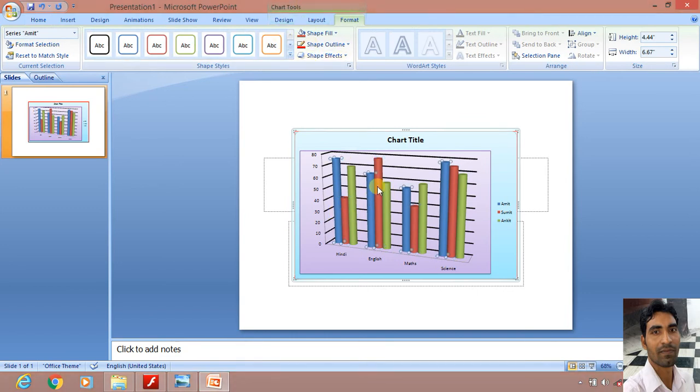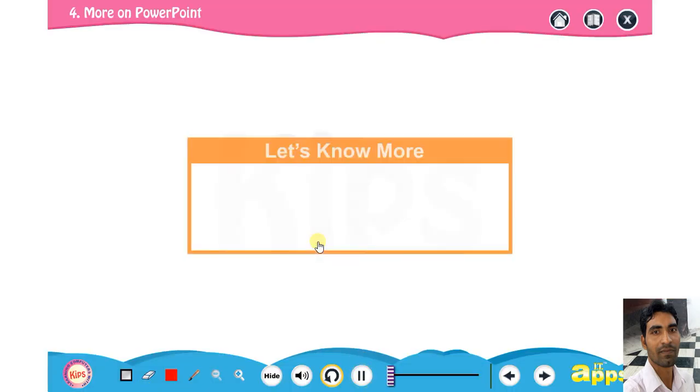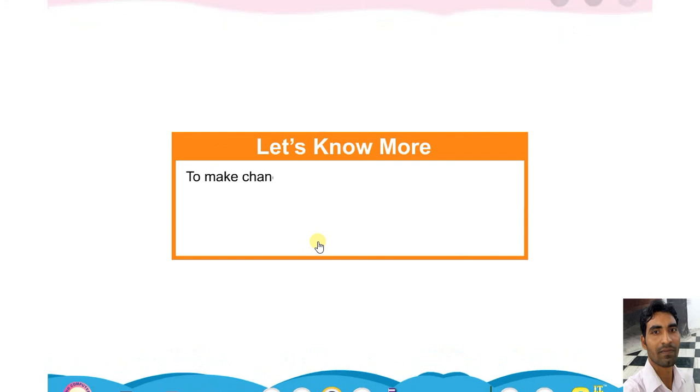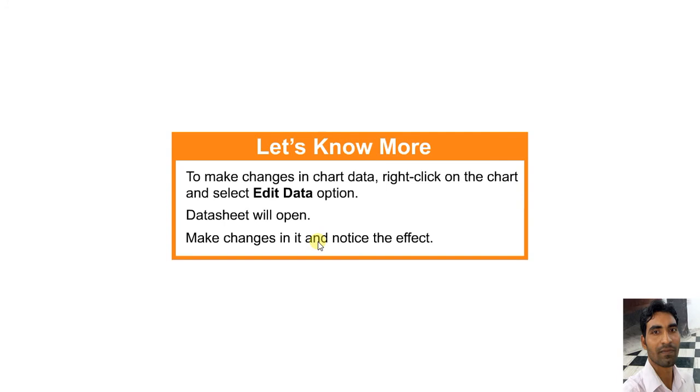So this way we can format the entire chart, different parts of the chart, from the Format tab. Let us see further. Students, note that to make changes in chart data, right-click on the chart and select the Edit Data option. The data sheet will open. Make changes in it and notice the effect.